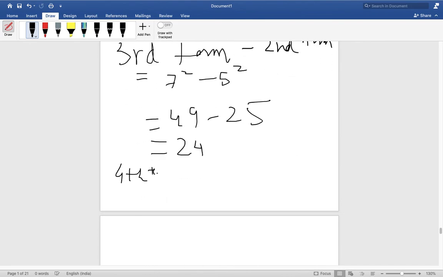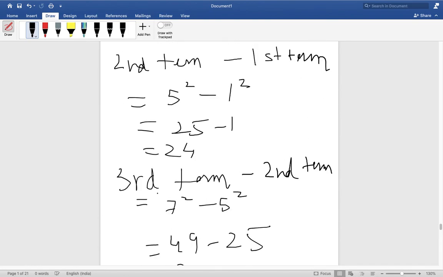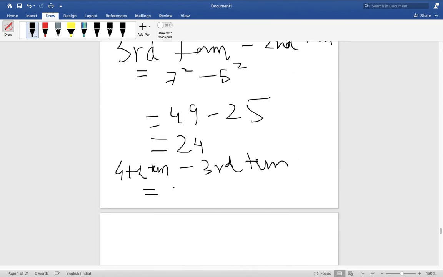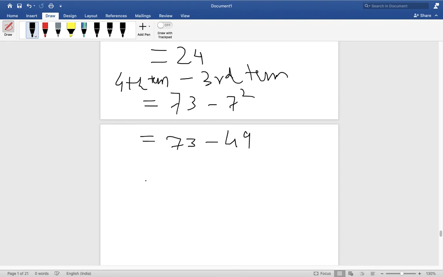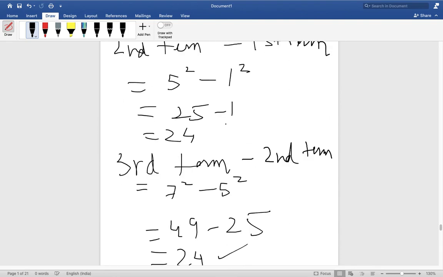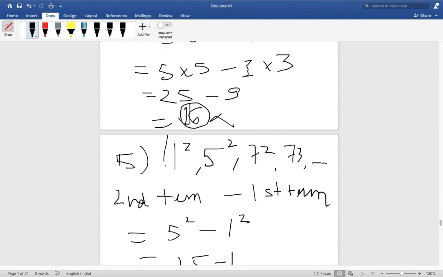Fourth term minus the third term is 7 cube minus 7 square. 7 cube is 343, 7 square is 49. So the difference is 24. Hence, this is an AP. We didn't know if this was an AP, but now we know it's an AP.